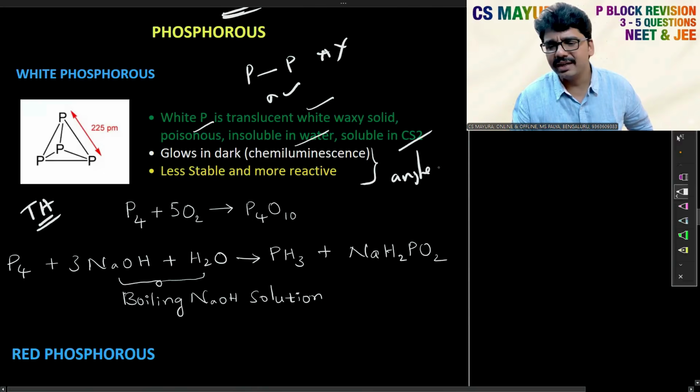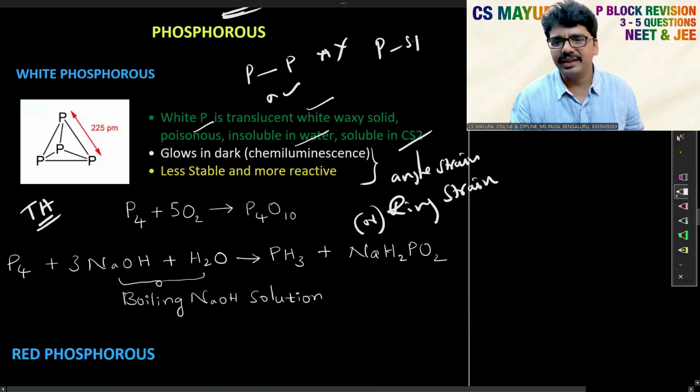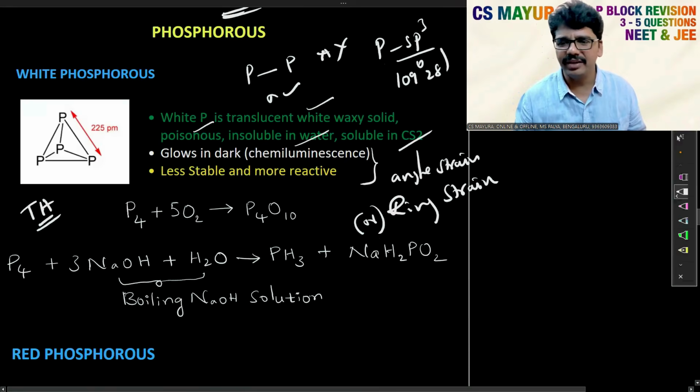That is due to angle strain. You can say ring strain or angle strain. So what is this ring strain and angle strain? Phosphorus has sp3 hybridization. sp3 hybridization means the expected bond angle is 109 degrees 28 minutes. But here, how much bond angle do we observe? The actual bond angle is 60 degrees.